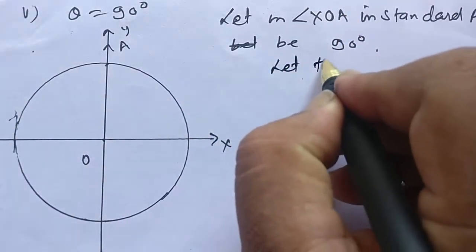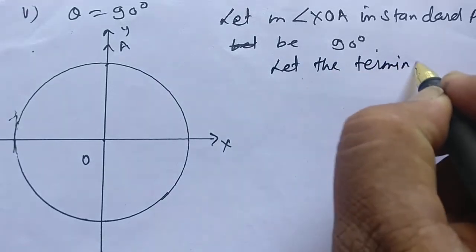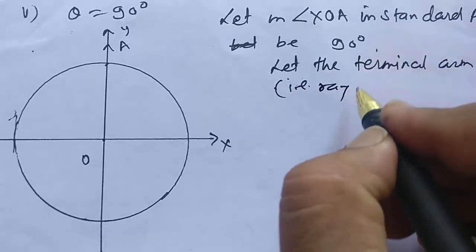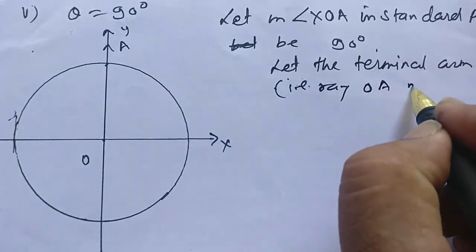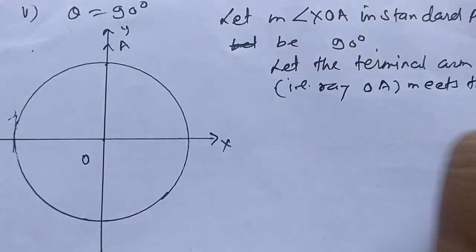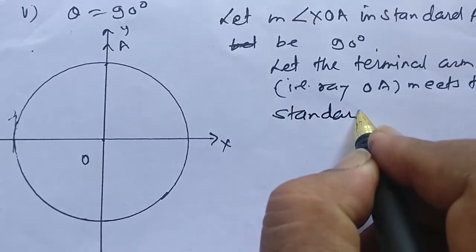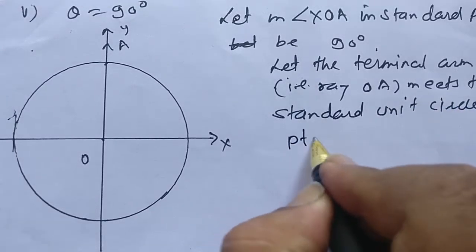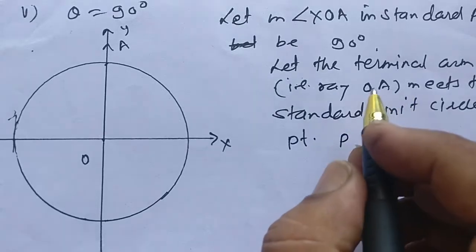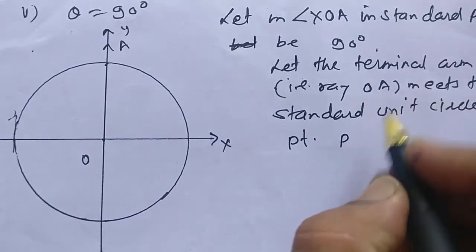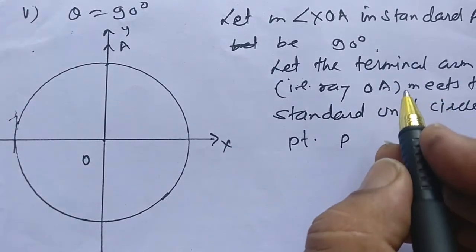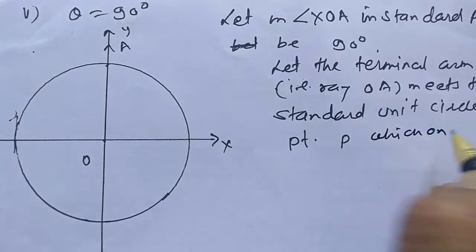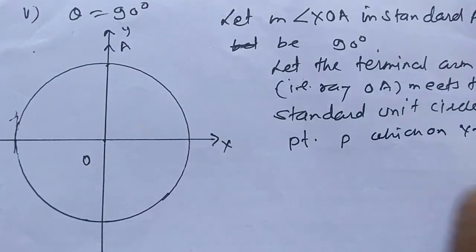Let the terminal arm, that is ray OA, meet the standard unit circle at point P, which is on y-axis.